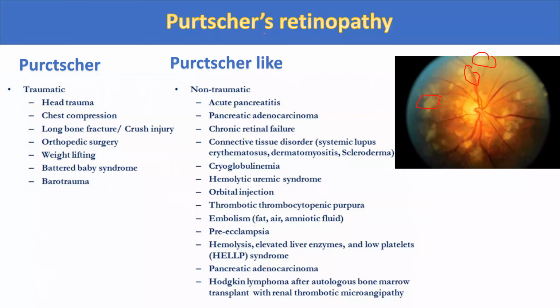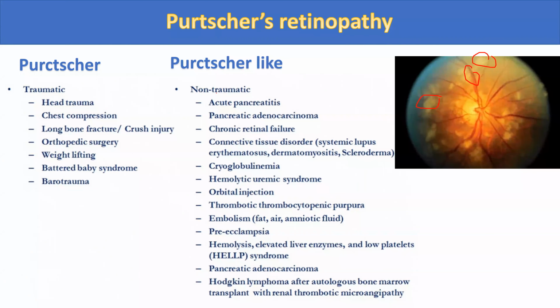So the classic Purtscher retinopathy is due to trauma. This is very important. After Purtscher, many diseases have been associated with the same picture of multiple widespread cotton wool spots, so they named it Purtscher-like retinopathy.